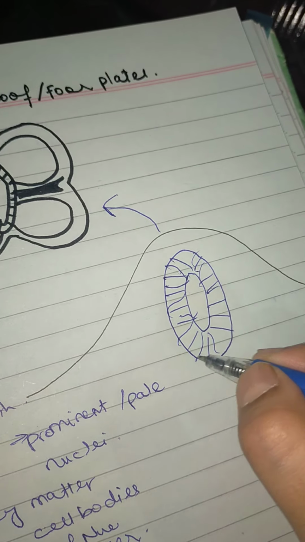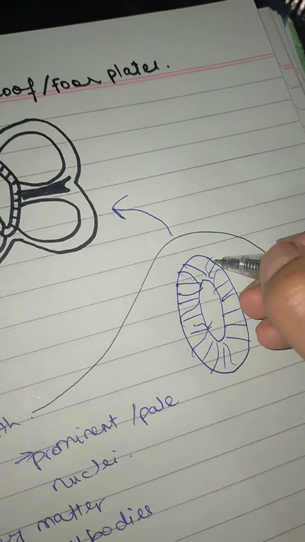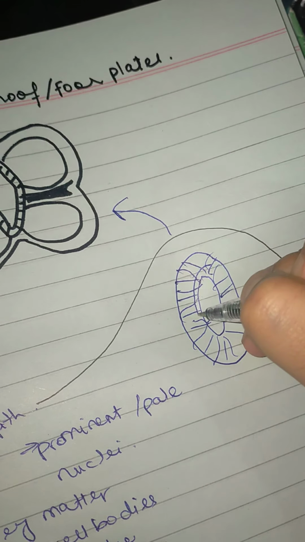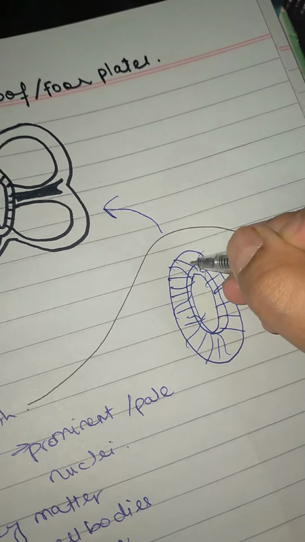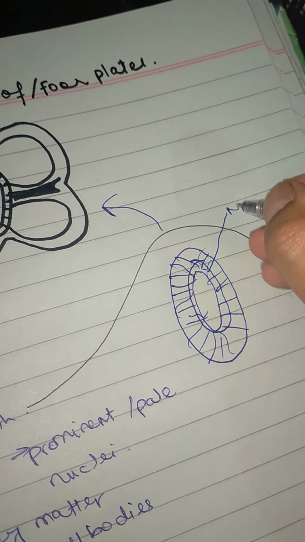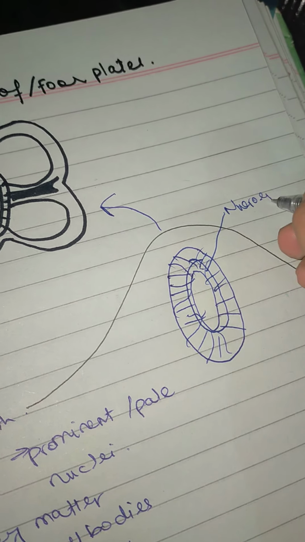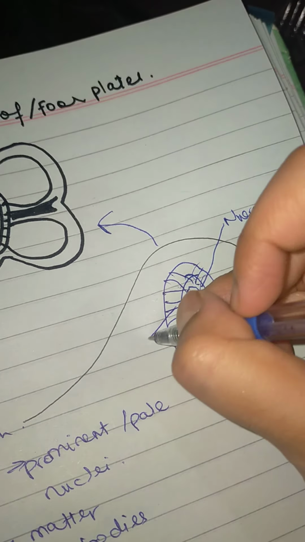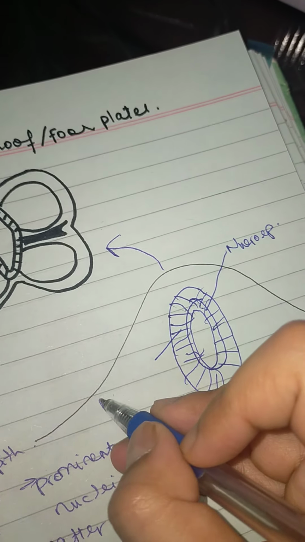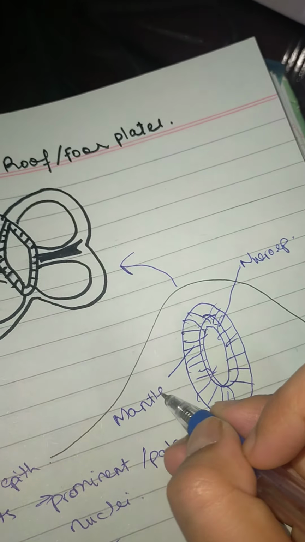neuroblast cells have started to divide in the mantle layer which surrounds the neuroepithelial layer, suppose this is the neuroepithelial layer, and now in the periphery we have the mantle layer of neuroblasts.